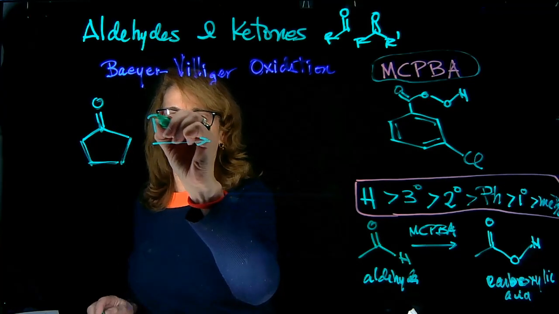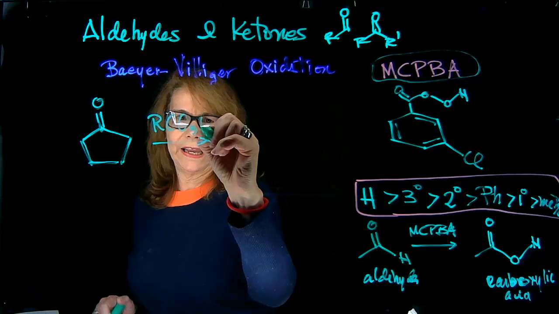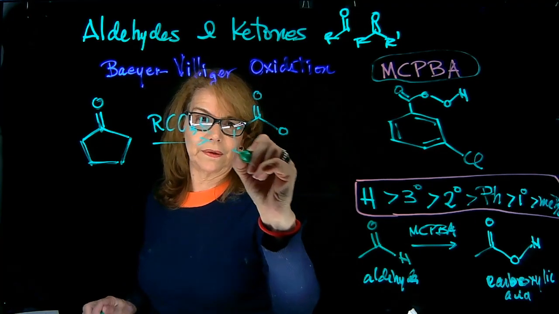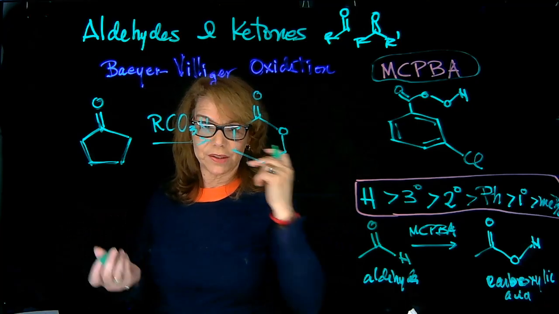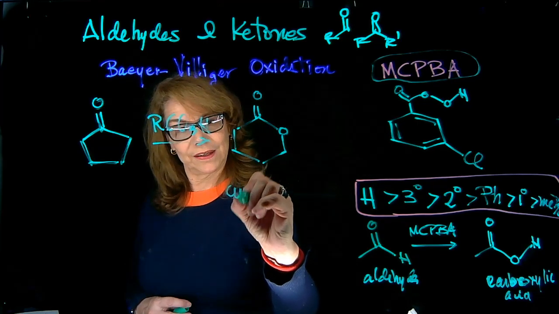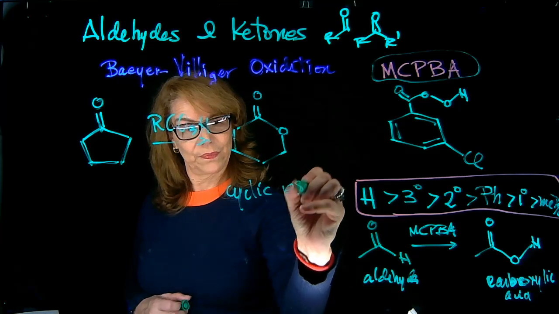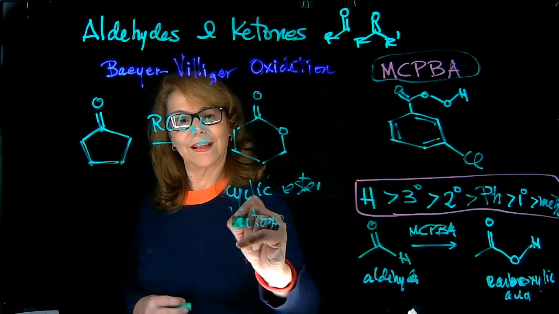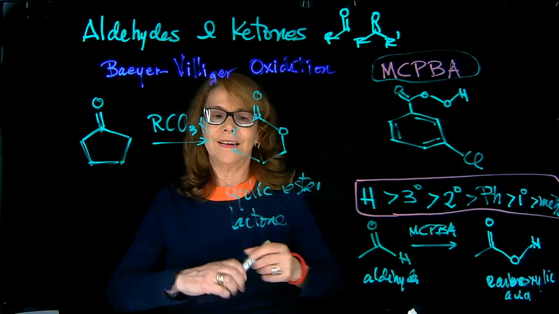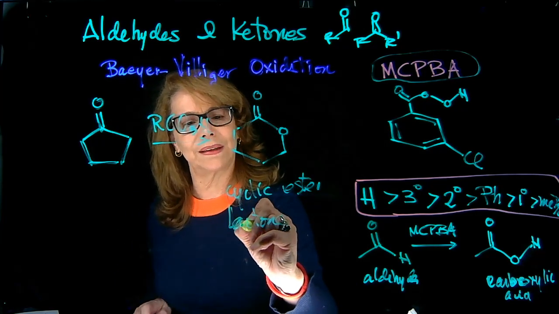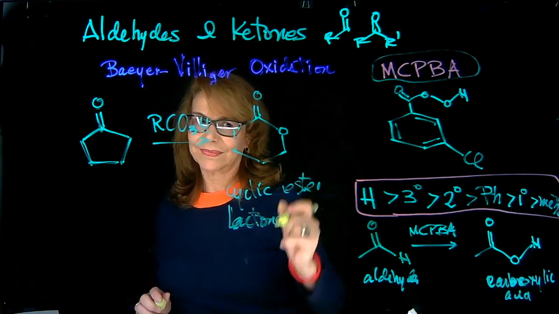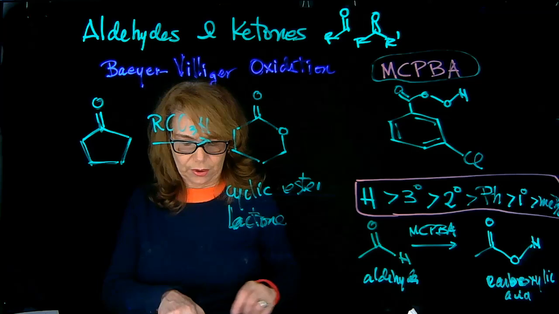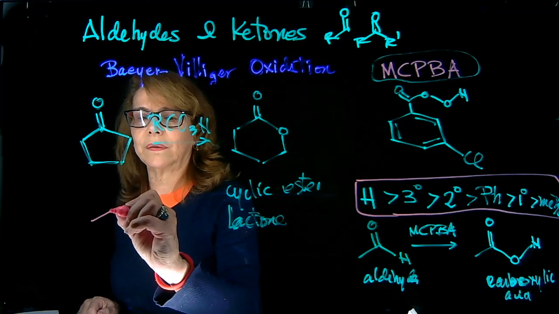So here I'm going to do RCO3H, and I will be inserting the O to one of the sides. And notice there is a ring expansion. That is a cyclic ester, and this we call a lactone. Not a functional group, it's simply an ester, but in a cyclic form, a lactone.